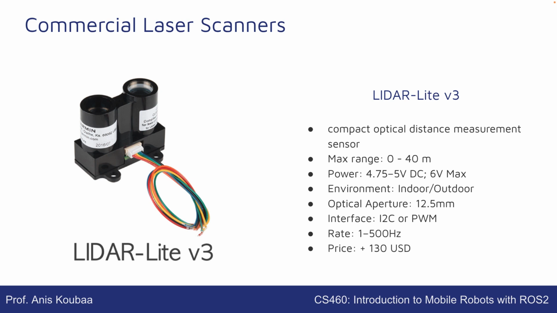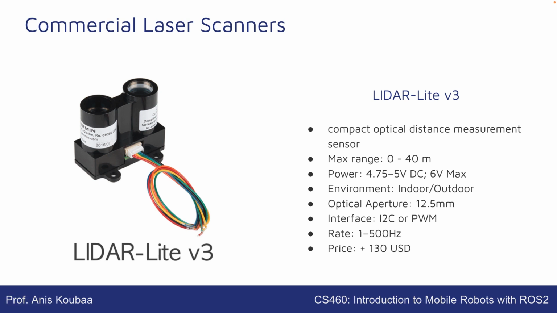There is no field of view. The field of view is 0. Only one direction, the front direction, and it consumes like 5 volts. It can be used in indoor and outdoor environments, and has an optical aperture of 12.5 millimeters. It can work on I2C or PWM interfaces, and the price is around 130 US dollars.